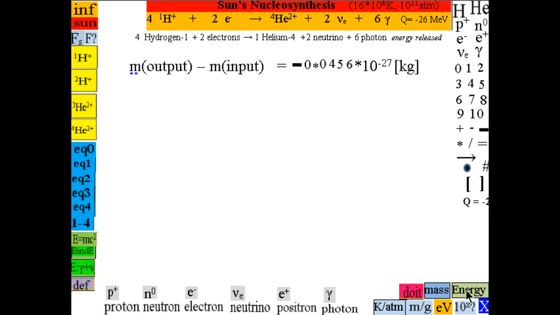To answer this question, we need the help of a very, very great man, Einstein to the rescue. You know, Einstein is most famous for the equation E equals mc squared.